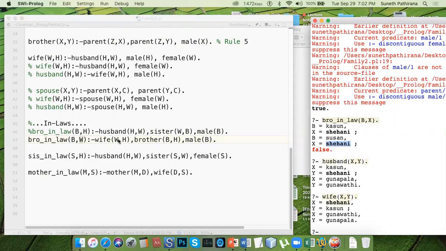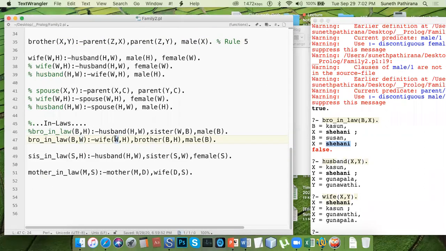Wife Shehani becomes a wife of H, that means Kasun in this scenario. Kasun means again H, and B is the brother of H, and B is the male person.